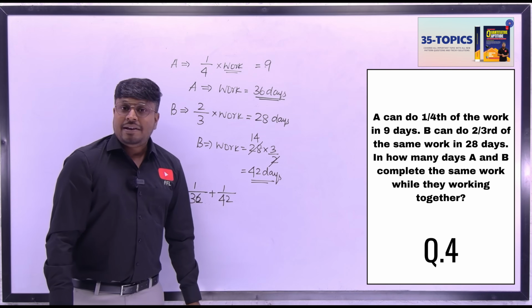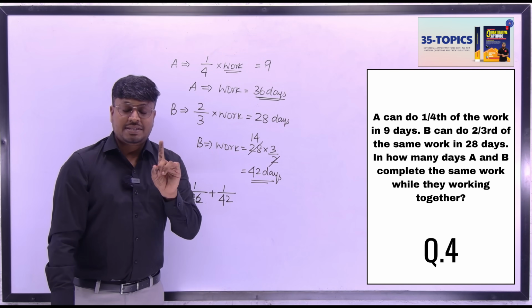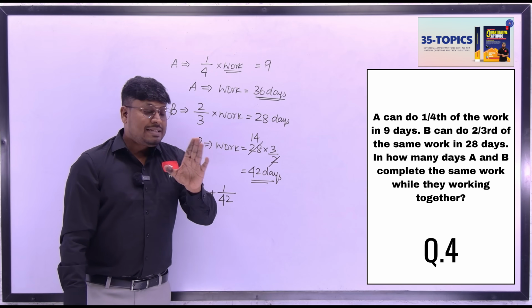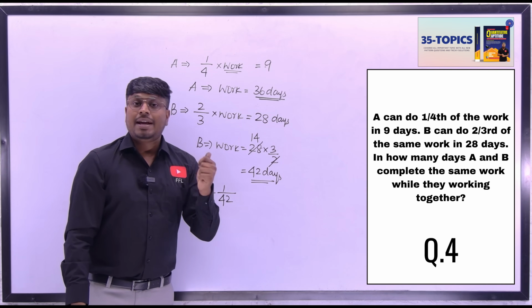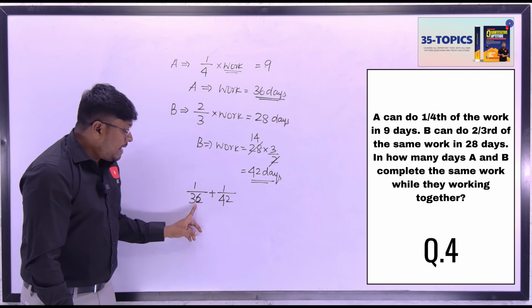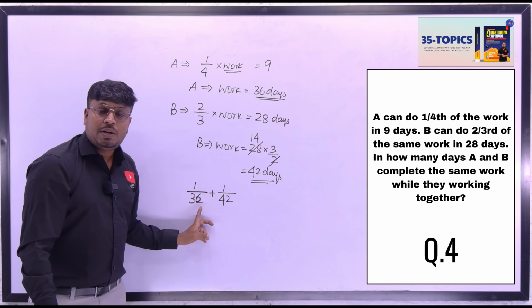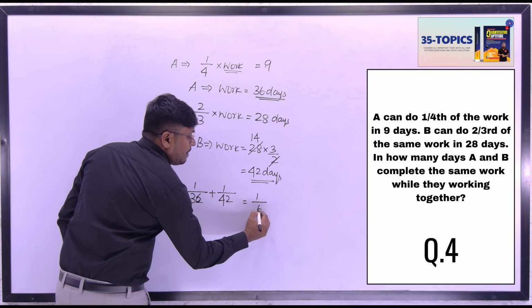The easy way is, do not sit and multiply the numbers. What we did in the first question, we took a common number outside so that we get a smaller number to take the LCM. Similarly, with 36 and 42, by looking at the numbers themselves we can find that they are multiples of 6. So I can take 1 by 6 common.